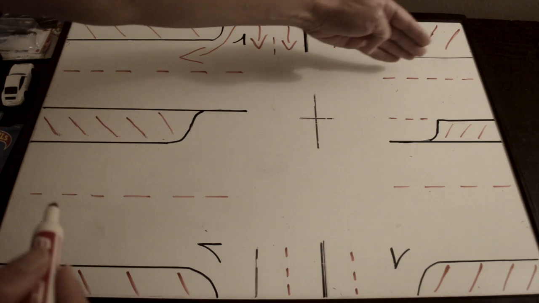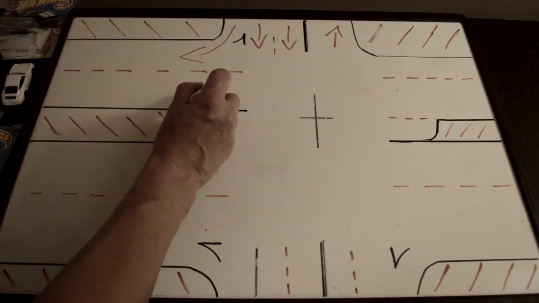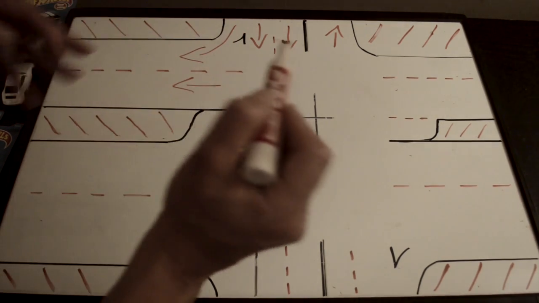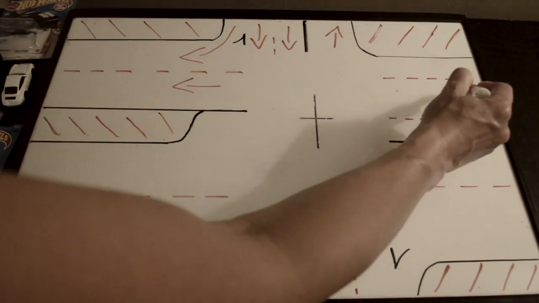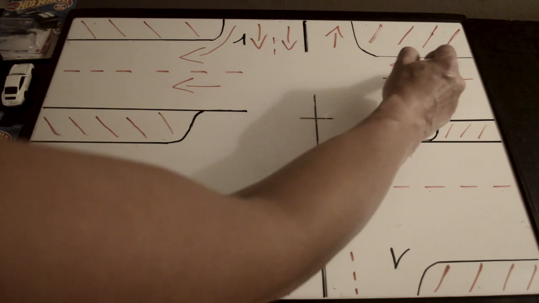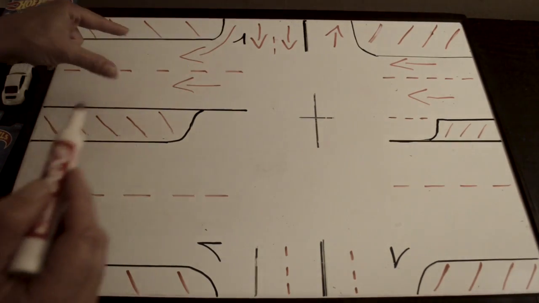And this road is traveling this way, so there are two lanes here traveling in this direction, and we'll put the arrows to show this whole road here is coming this way.